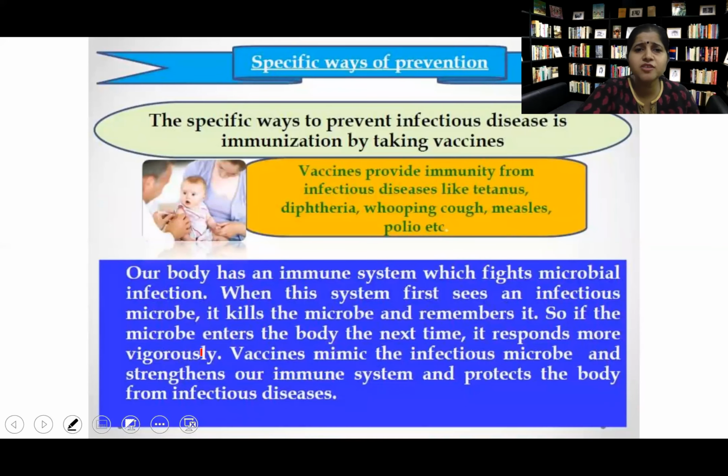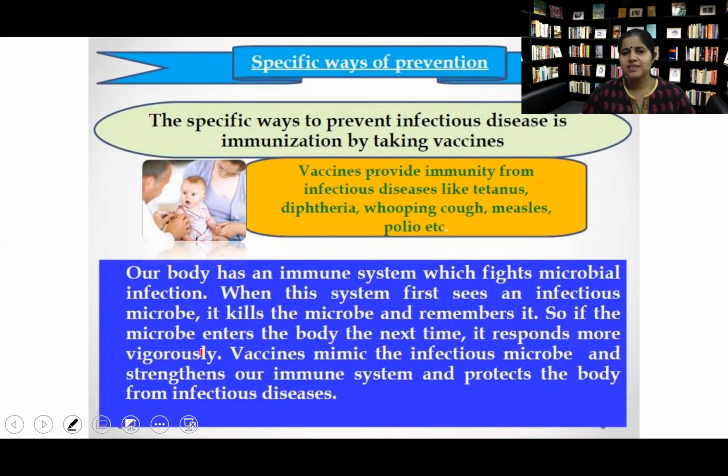Now the specific ways of prevention. The specific way to prevent infectious diseases is immunization by taking vaccines. It is a very important immunization. Vaccines provide immunity from infectious diseases like tetanus, diphtheria, whooping cough, measles, polio.